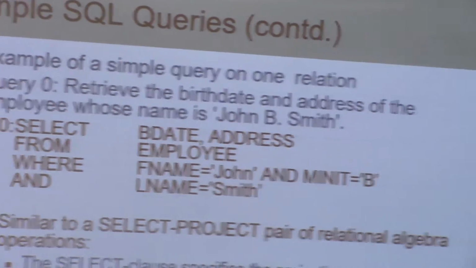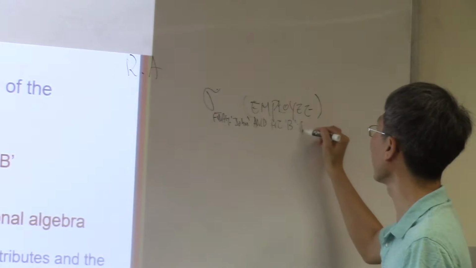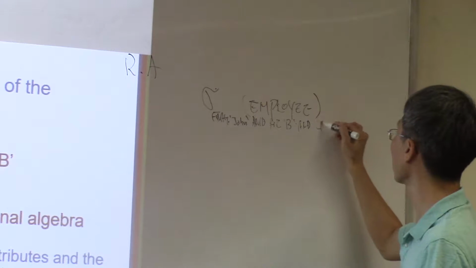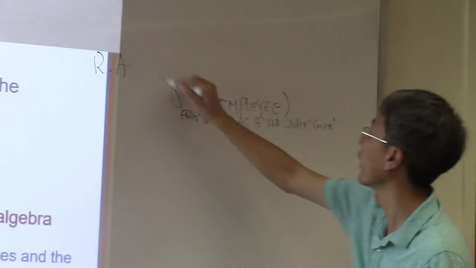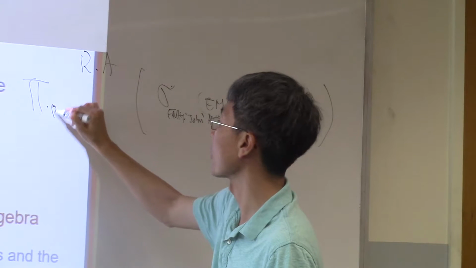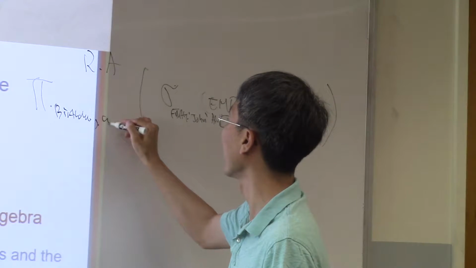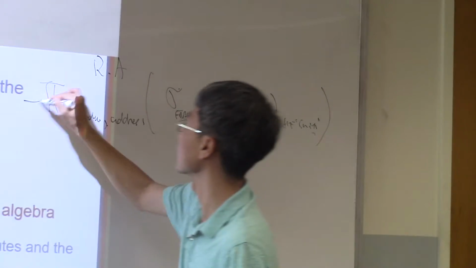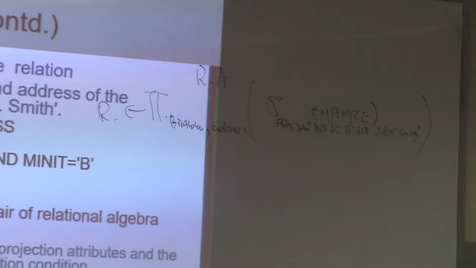John, middle name initial B, and last name Smith. Then this is the project for birth date and address. Okay, this is our relational algebra expression.